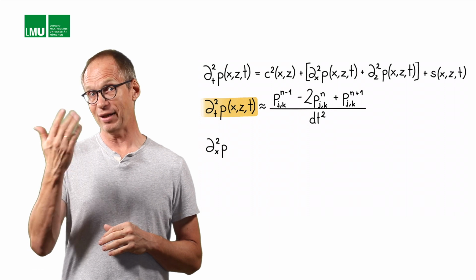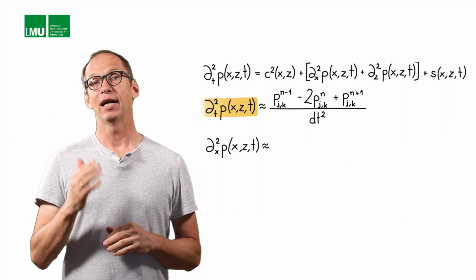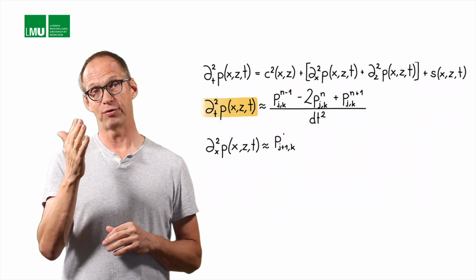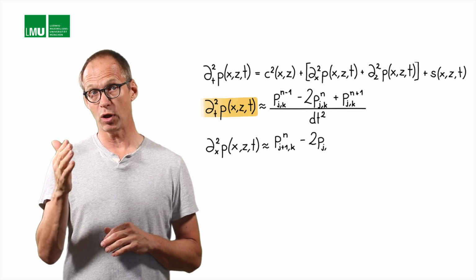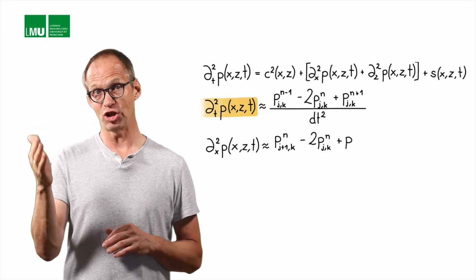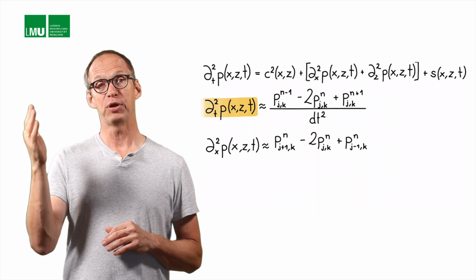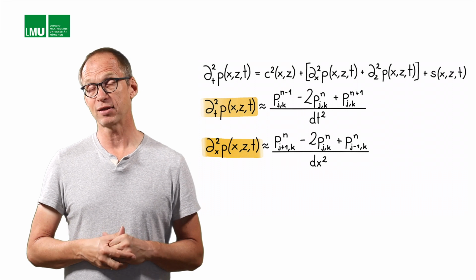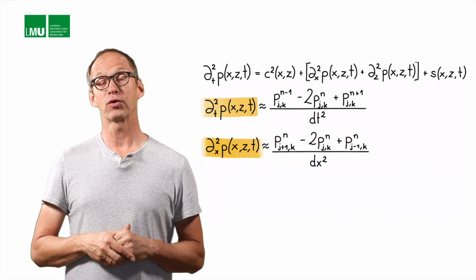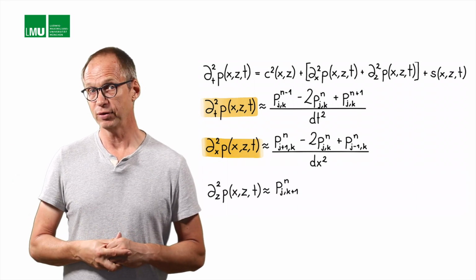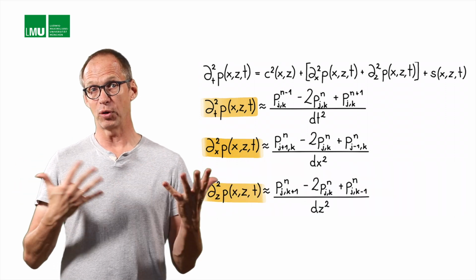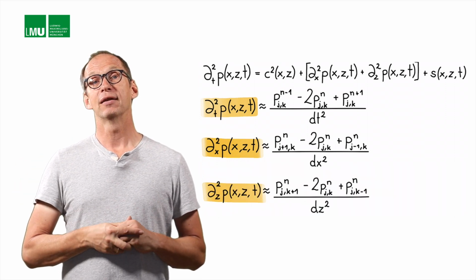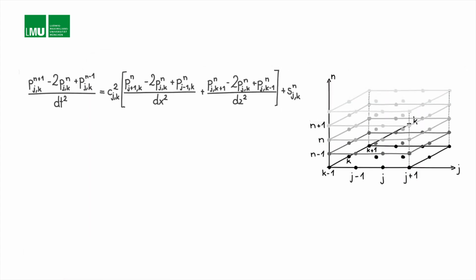For example, p all at time step n, and we take the difference of p at j plus 1 minus 2p j and p j minus 1. And the k's remain the same. And equivalently also for the z derivative. So basically now we have on both sides the partial derivatives replaced by their finite difference approximations. All the other terms remain the same.